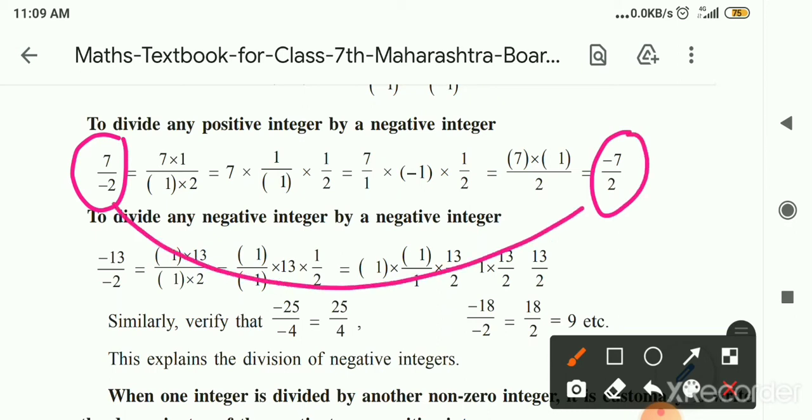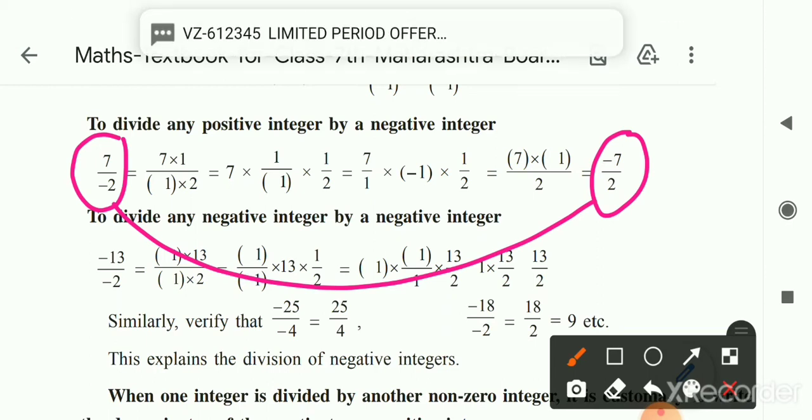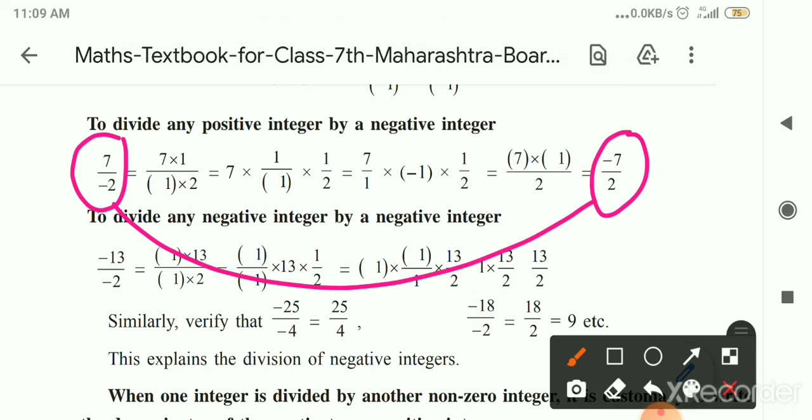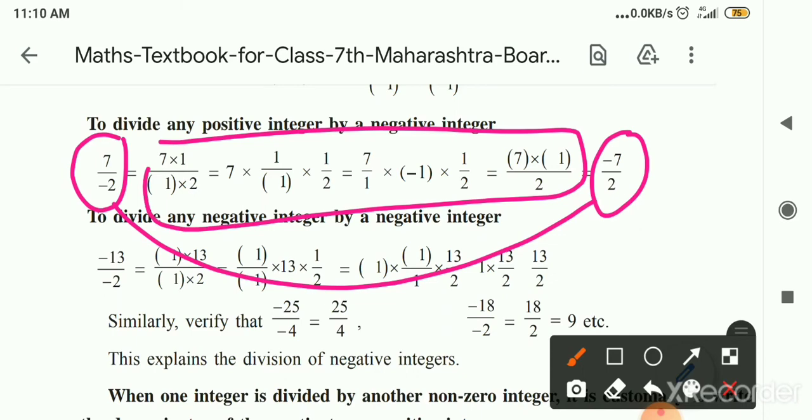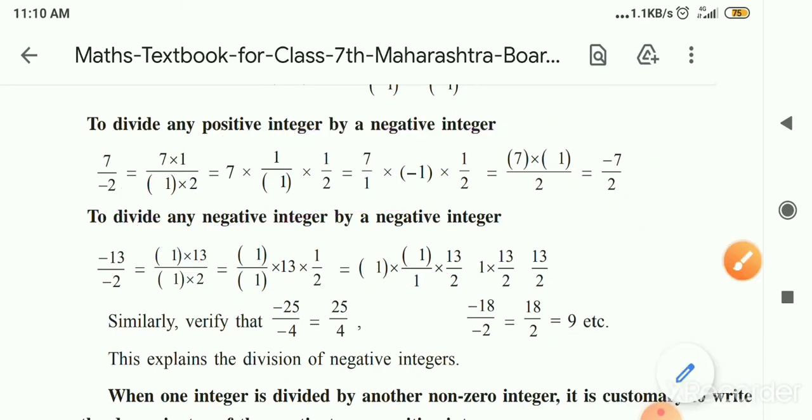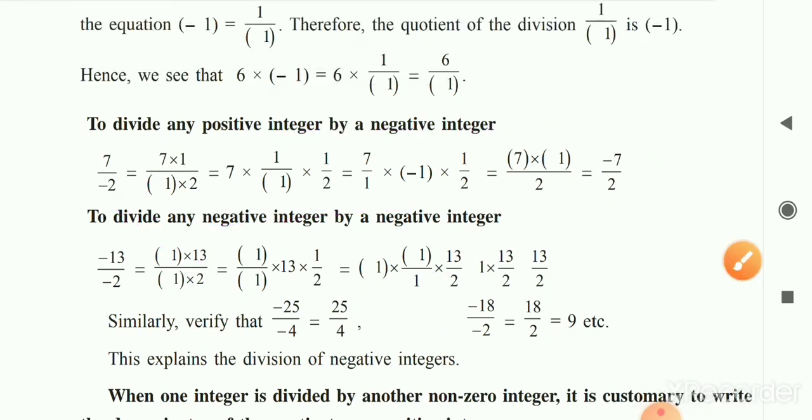The negative sign is in the numerator and also in the denominator. If the number is divisible, divide it; if not, keep it as it is. It is not divisible, so they kept it as it is. These middle steps given are a little confusing. So 7 upon 2, with the minus 2, gives only minus 7 upon 2.